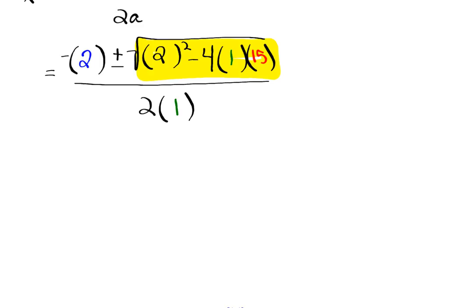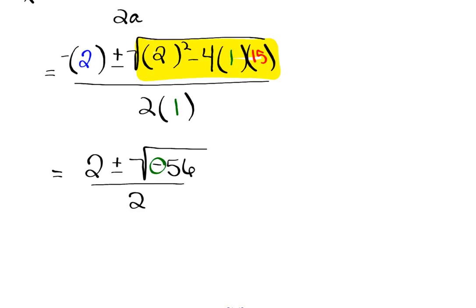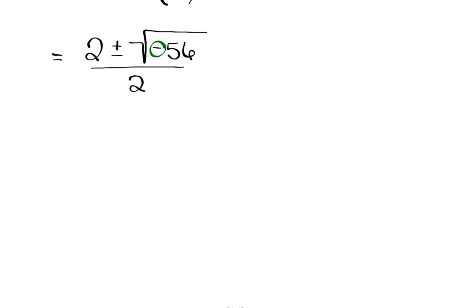So let's write everything back in. I have 2 plus or minus the square root of negative 56 over 2. Now, here's that i, that negative under that radical. So I'm going to rewrite it so that I have 2 plus or minus i square root 56 over 2.